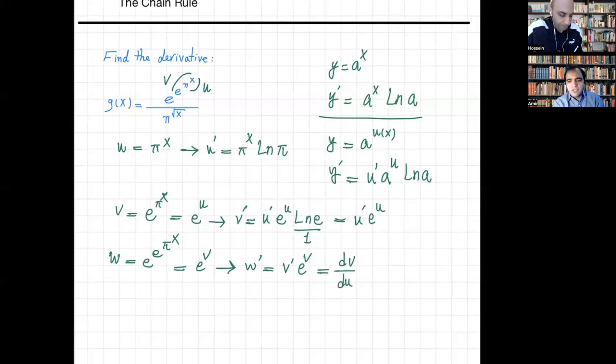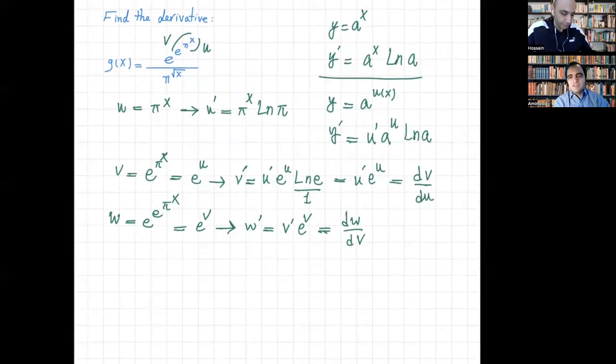Yes, it applies to both lines. V prime is in terms of u, and the line below is dw over dv. Just to be clear, v prime is different from u prime. U prime is in terms of x, du over dx. Yeah, thank you.